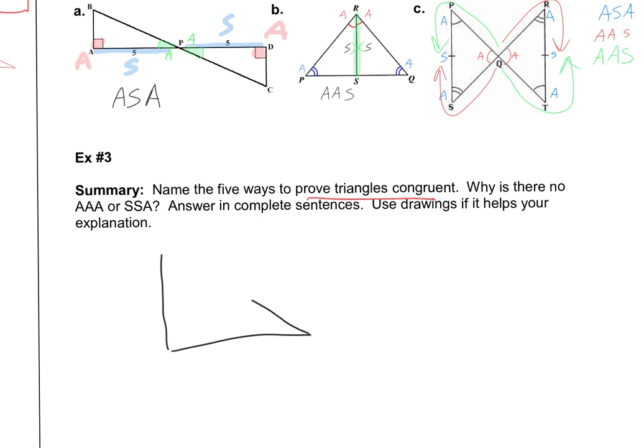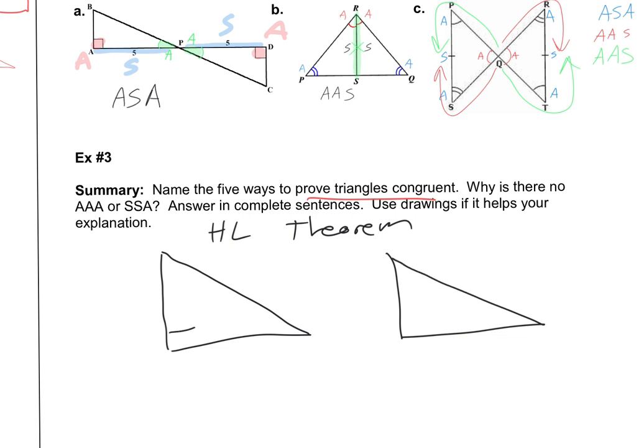And this is called the HL theorem. And it only works in right triangles. Okay? So you're going to have to just bear with me with my bad drawing here. So what this one says is if you have a right triangle, and HL stands for the hypotenuse and the leg.